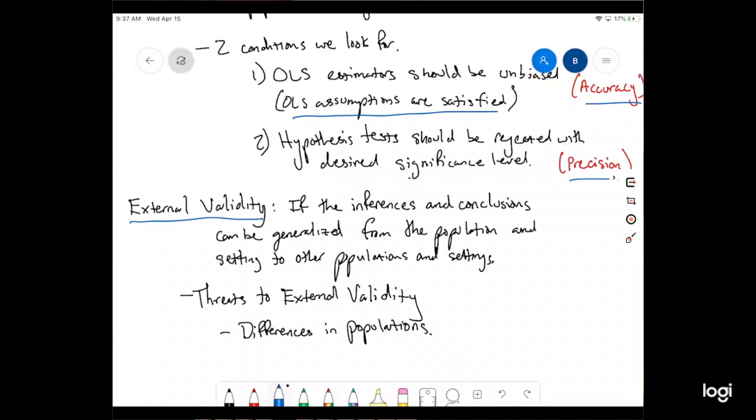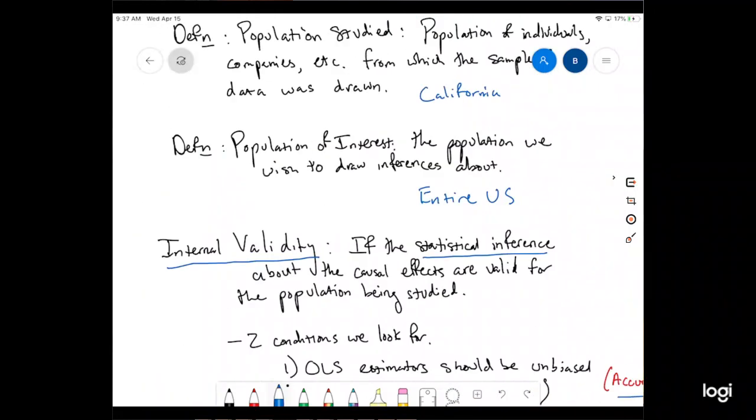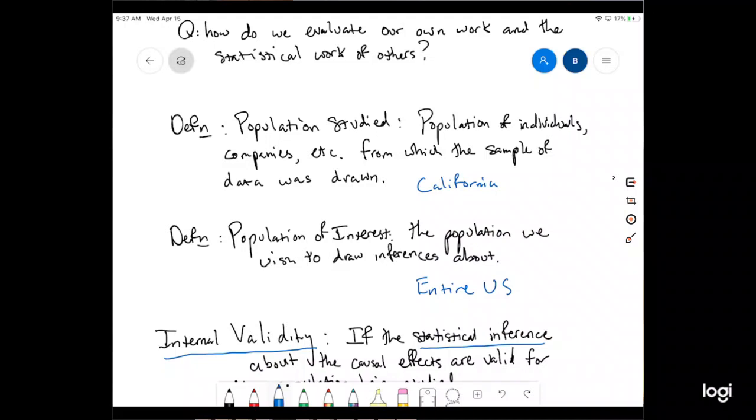External validity, on the other hand, is whether the inferences and conclusions can be generalized from the population and setting to other populations and settings. So this is asking the question: we've estimated our model on California data, now can we extrapolate the results to the entire US?